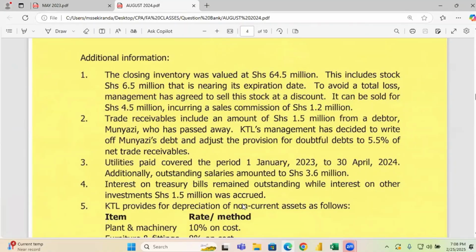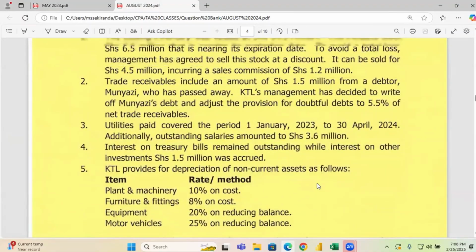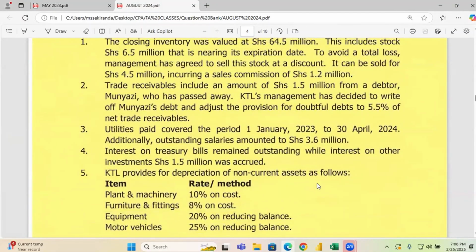I think the utilities paid were just covering 4 months, that is January to April. Are they covering only 4 months, and yet we are in 2023? The balance is a December 2023 prepayment. There was a prepayment because a payment has been made in excess.